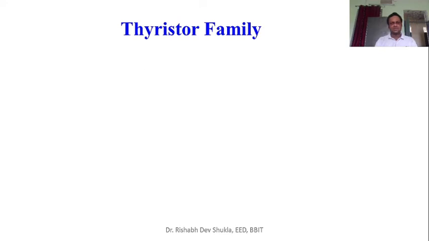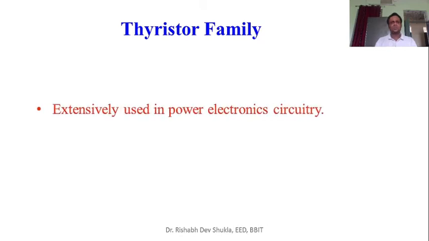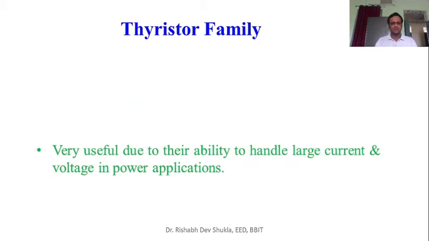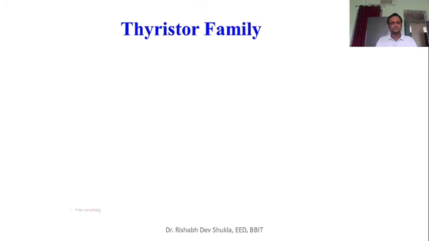Thyristor family devices are very popular, and they are considered a solid state device family. They are most extensively used in power electronic circuitry, and are very useful due to their ability to handle large power and current in power applications. They are fast acting compared to mechanical switches and electromagnetic relays.